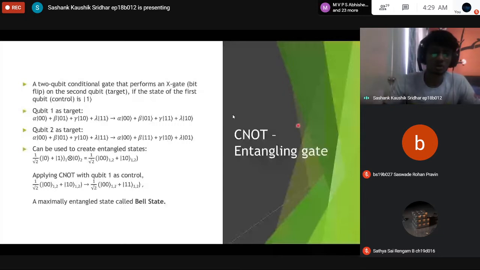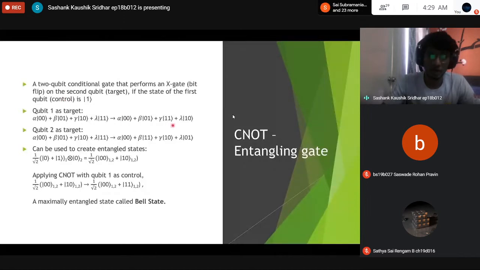So you perform an X gate conditional on the control qubit. In this case, I've written down that the second qubit is the target and the first is the control. So if the control is a 0, the target is not flipped. Whereas if the control is 1, the target is flipped. And I've written down the transformation here as well.